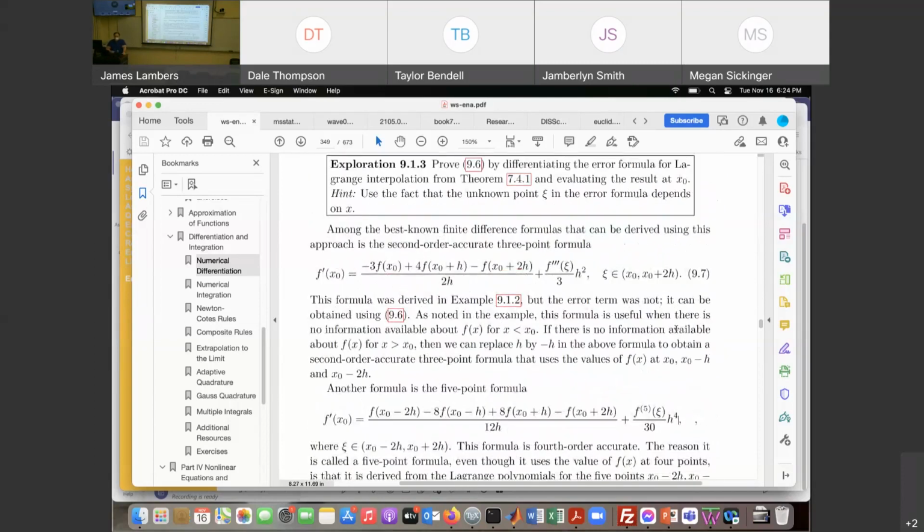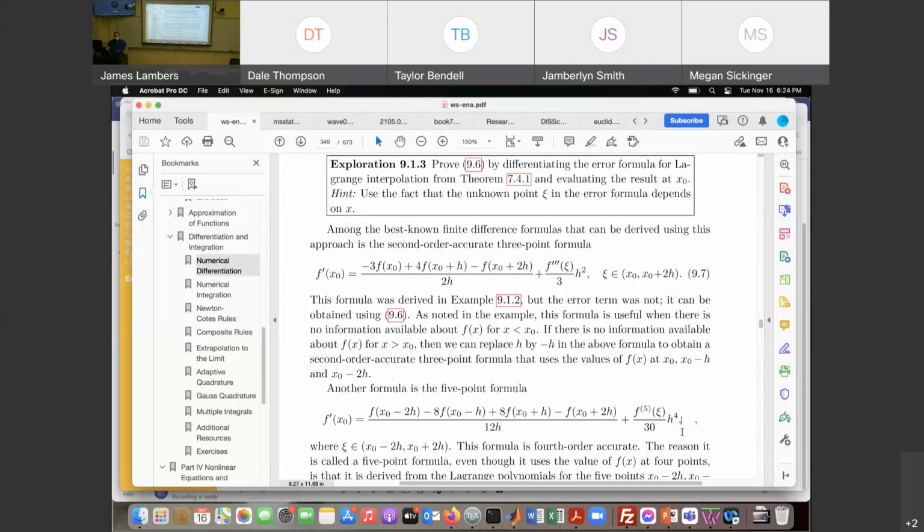I was wondering, in this particular case, would the error term become independent of the x naught term? Yeah, it does, because it cancels out. And sure enough, that's what we see here. It is independent. So it's not incorrect if I end up with something like that, not dependent on x naught?